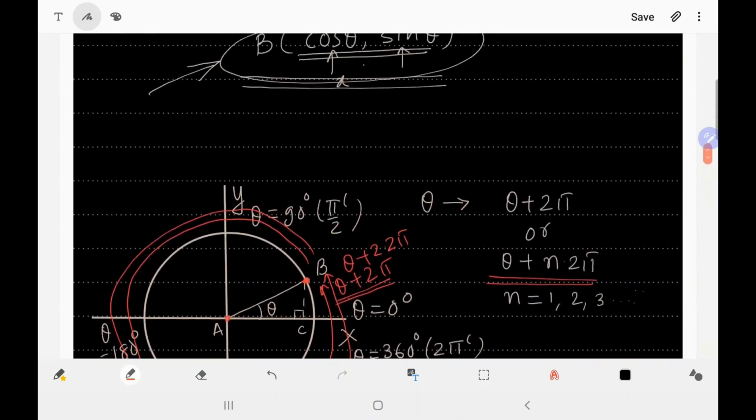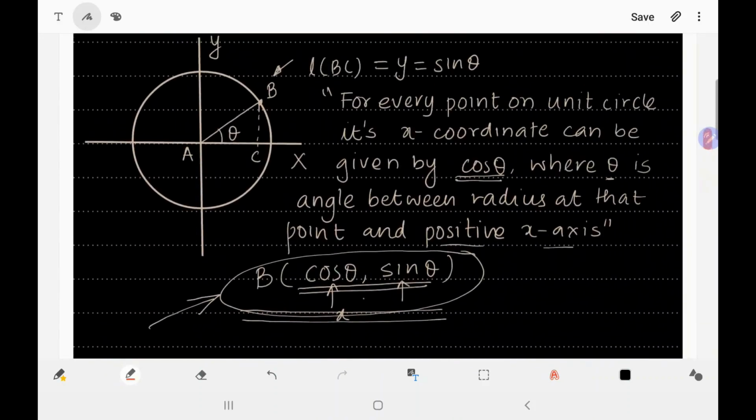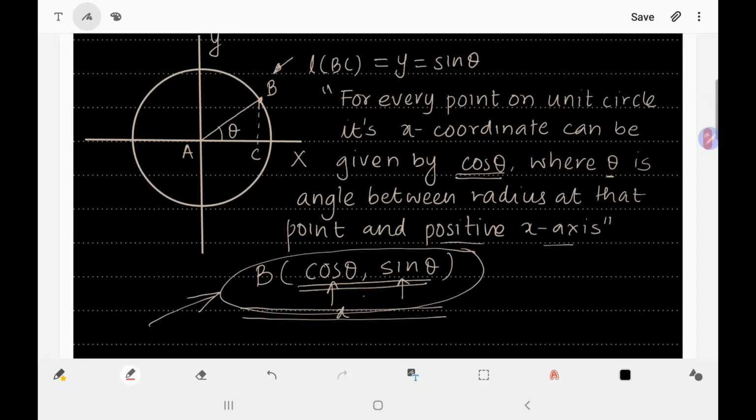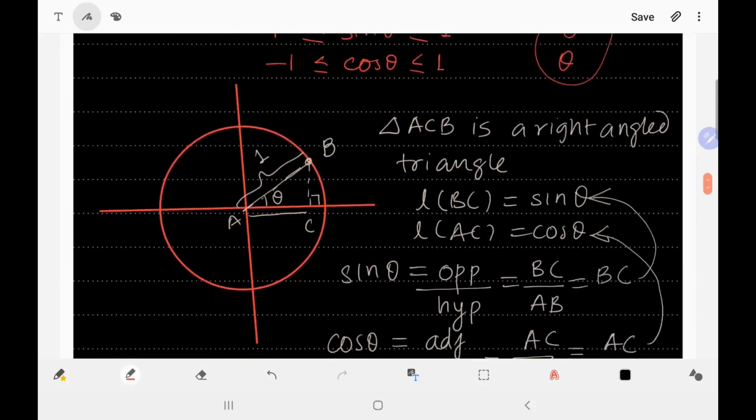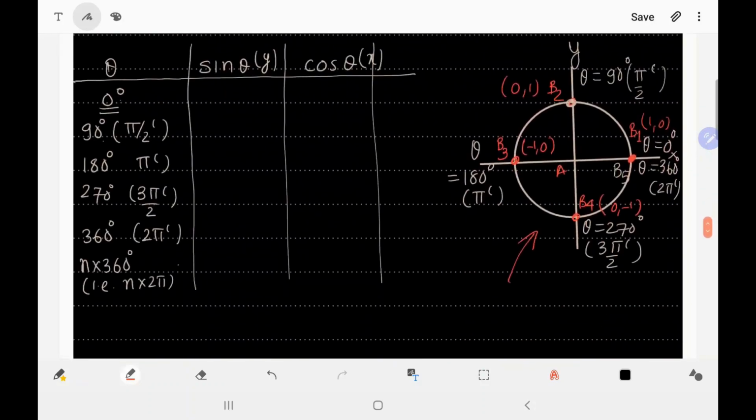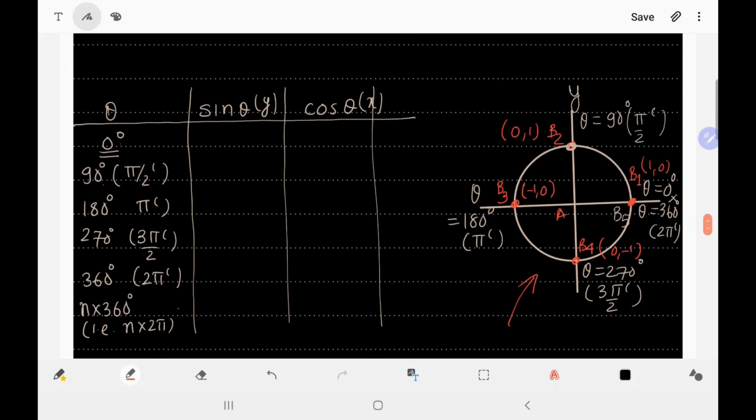In the previous explanation, we have concluded that for every point on a unit circle, its coordinates can be given by cos theta, sine theta. Hence, in this position, when theta is equal to 0 degrees and coordinates of point B are 1, 0, that means cos theta is 1 and sine theta is 0.